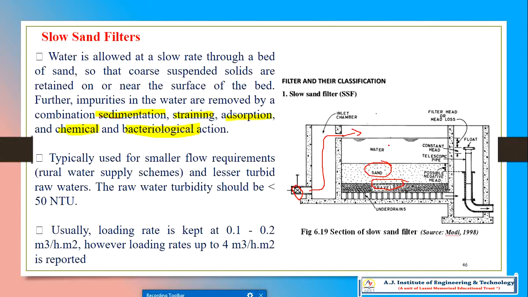You should go for back washing, because all the pore spaces of the sand media have filled with particles, suspended or fine particles. Please go for back washing. That is the duty of the filter head.